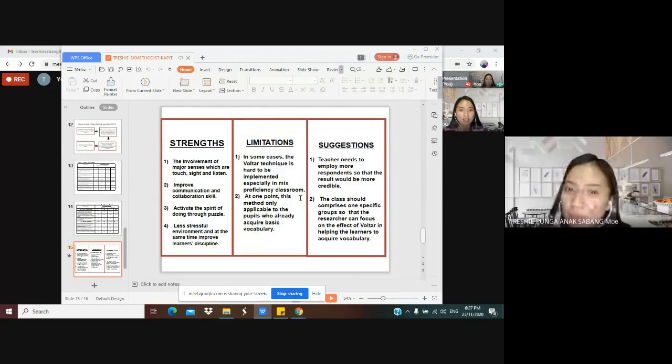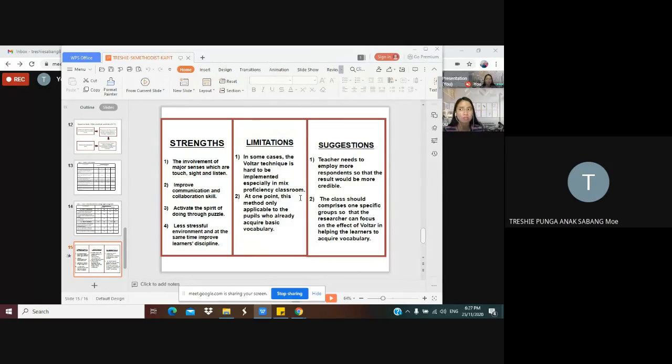And at one point, this method is only applicable to pupils who already acquired basic vocabulary, which is kind of true. In English classes, we only have 1 hour at most. In order to make the Volta method work effectively, the students themselves must have basic vocabulary from home, from incidental learning.